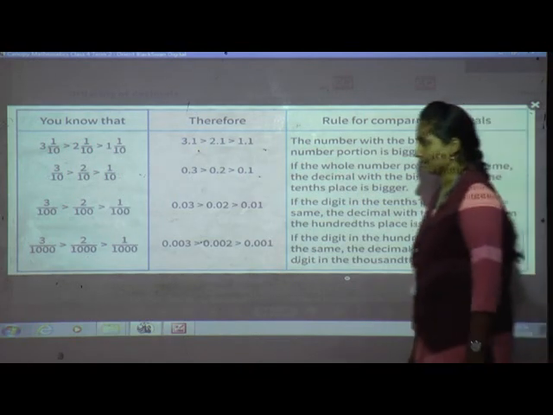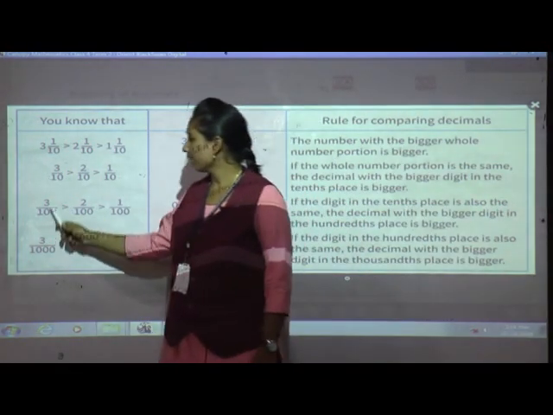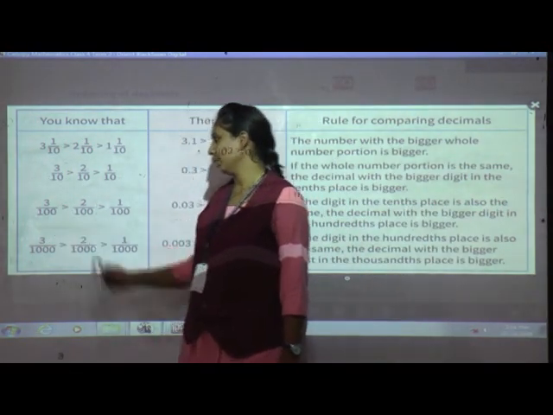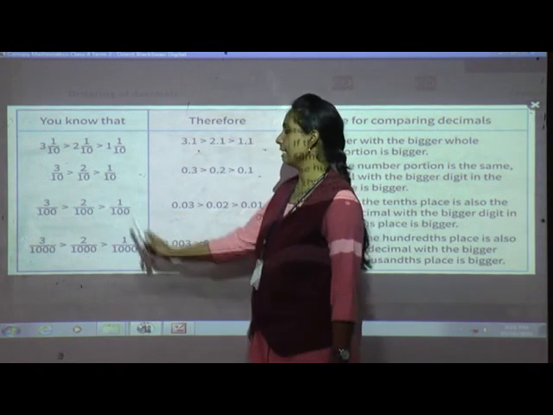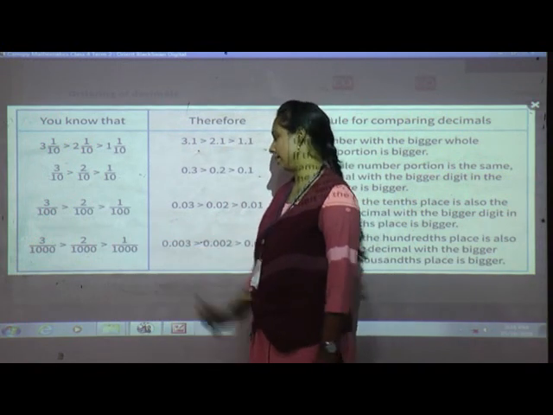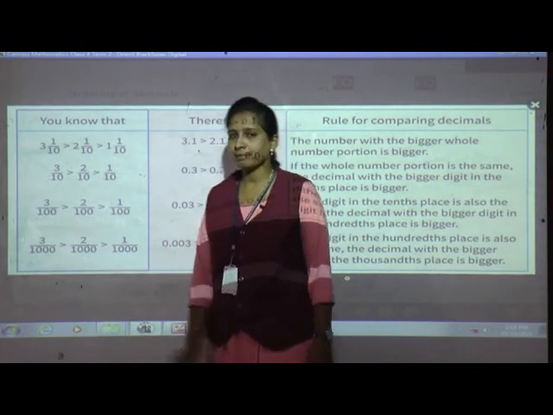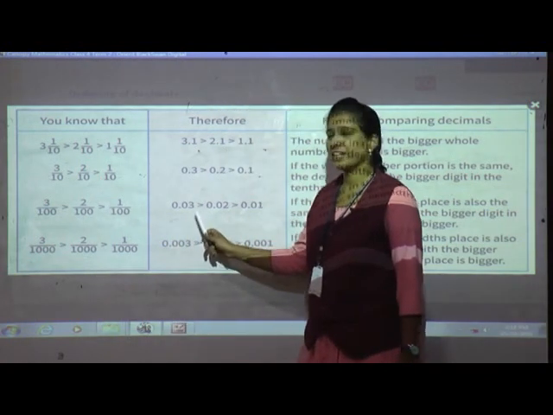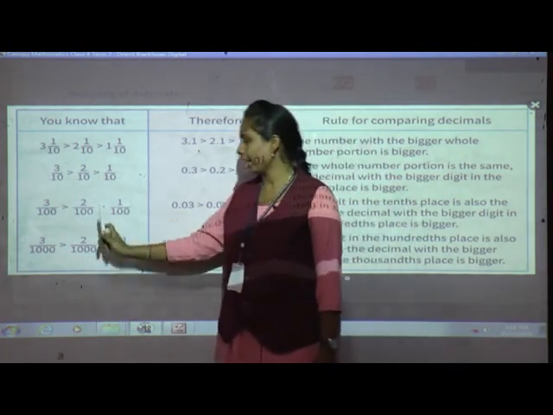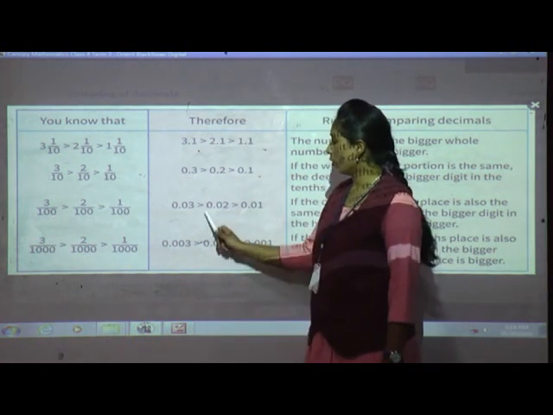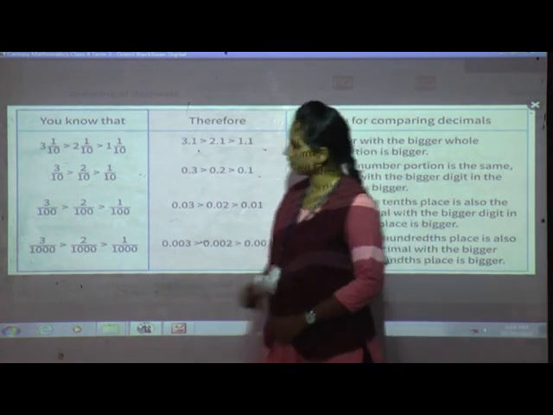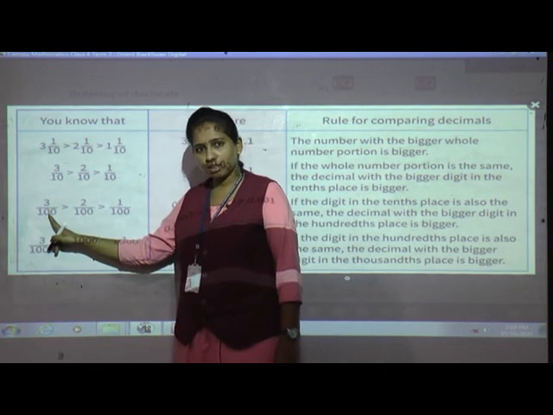Okay. Now the next, 3 upon 100 is greater than 2 upon 100 is greater than 1 upon 100. So 3 upon 100 means what? 0.03. 2 upon 100 means what? 0.02. How, students? See how many zeros are there? 2 zeros.